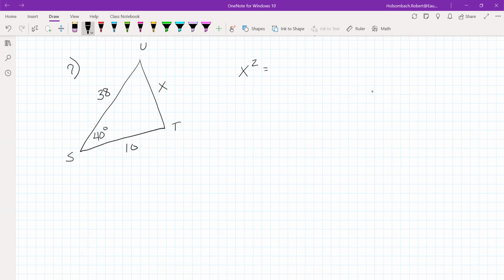It's equal to one of the sides adjacent to the angle squared plus the other side adjacent to the angle squared minus 2 times these side lengths times cosine of the angle opposite the side we're trying to find.